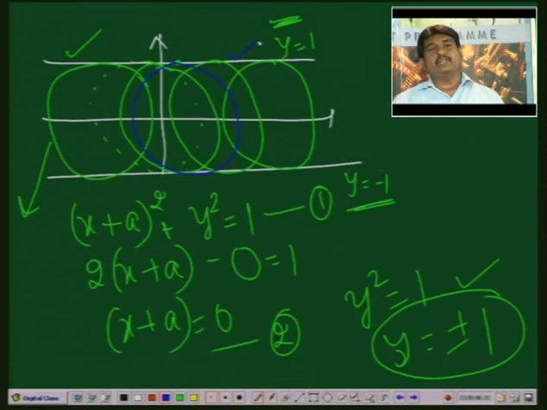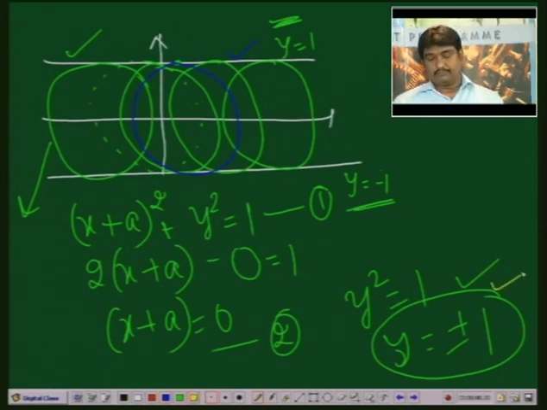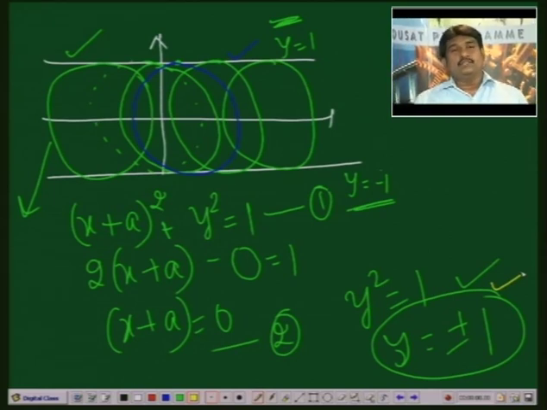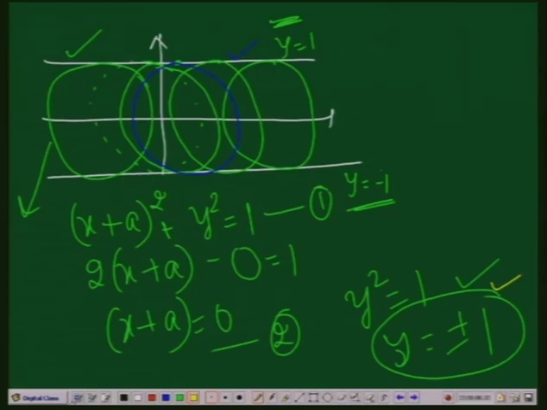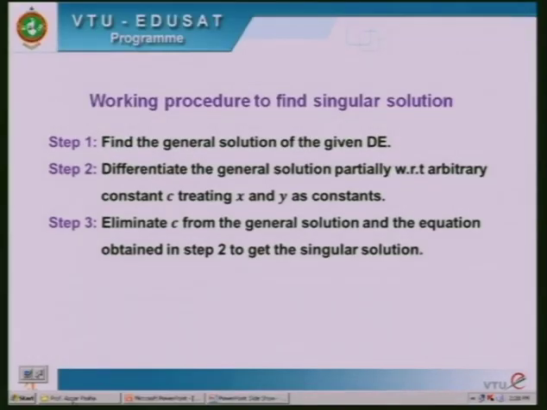Envelope is defined as a curve which touches every member of the given family, and also every point on that curve is a point of intersection with some member of the given family. So this singular solution y equals to plus or minus 1 is an envelope of the family of curves, which is obtained by differentiating the general solution with respect to the arbitrary constant. One arbitrary constant here because the order is 1. I will illustrate through examples now.